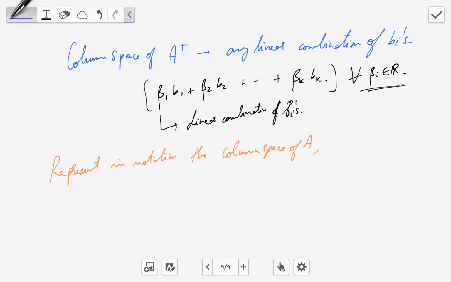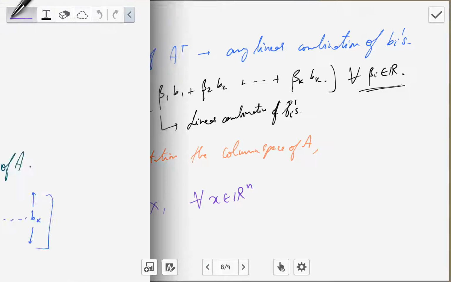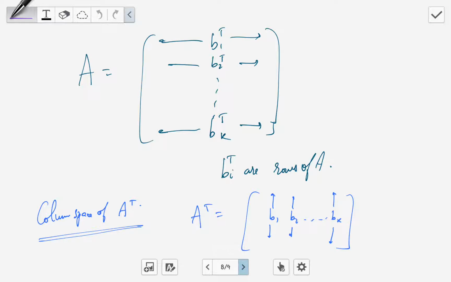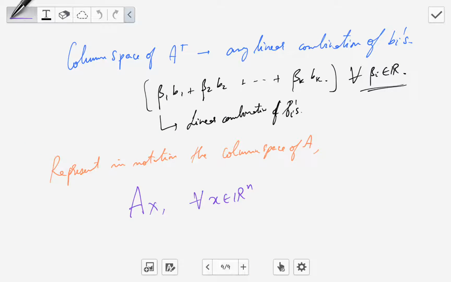It can be written as A times x for all x belonging to R n. Say this A was a k cross m matrix, A was in R k cross m, so this x is in R m.